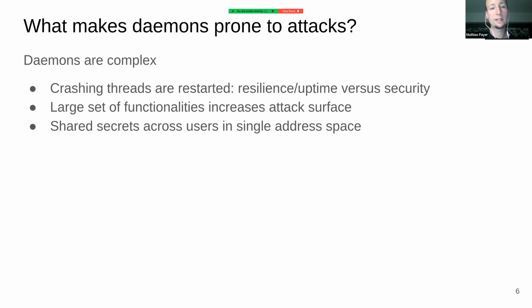And last but not least, there are going to be shared secrets across users in a single address space. So for example, as a web server, you're serving requests of many different users across a single address space, right? So you've got multiple people logged in on the server, and inside a single process, you are combining information from different users.